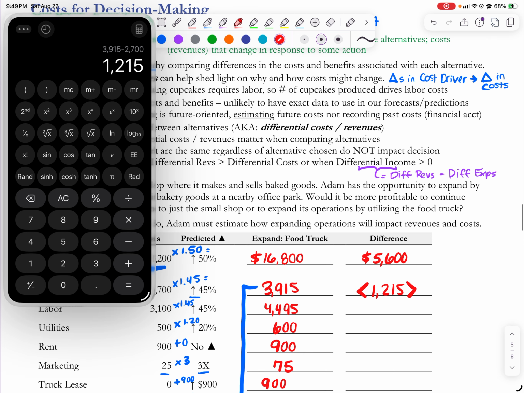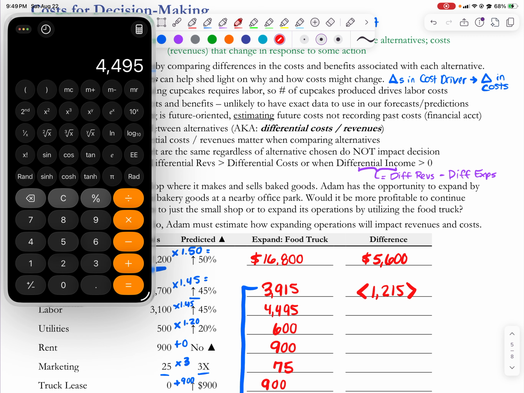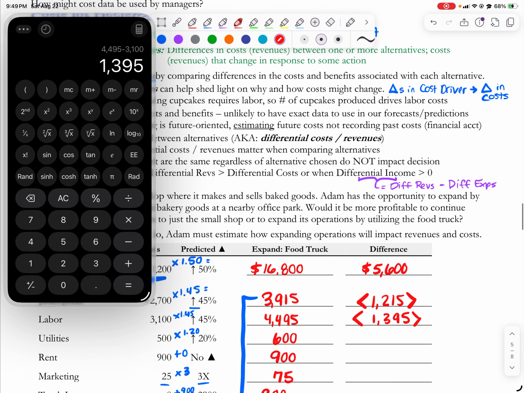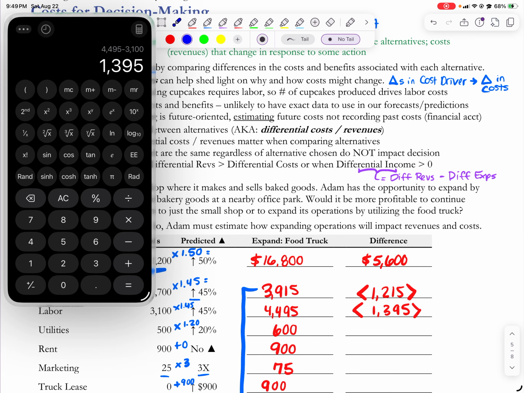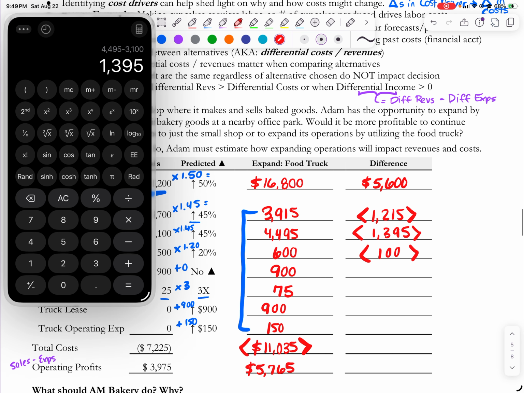Labor costs are higher too, 4,495 minus that 3,100. So more negative, 1,395. My utilities went from being 500 to being 600, so those have increased. It's going to be negative, 600 minus 500, $100.